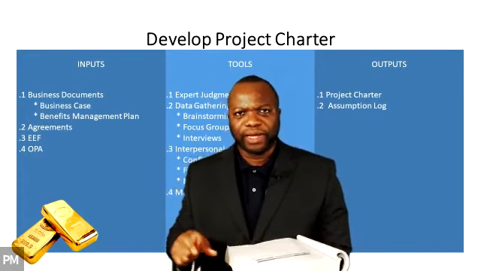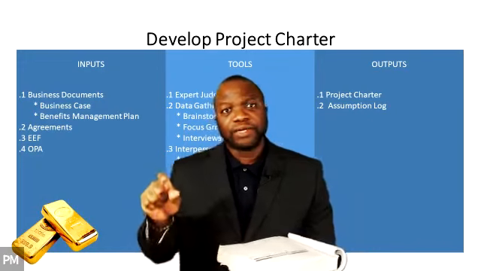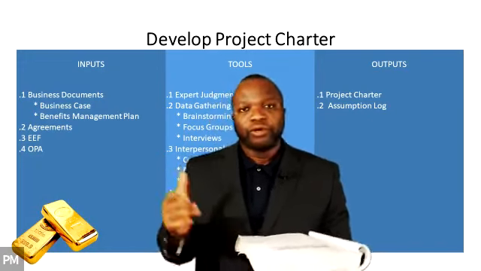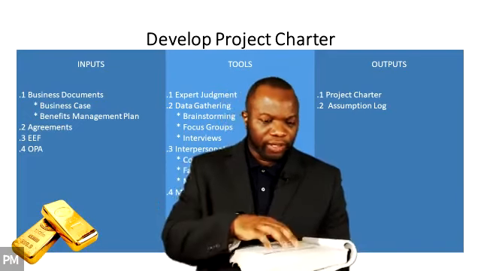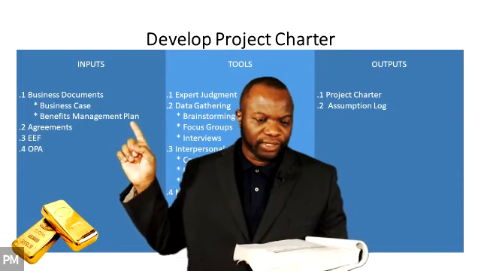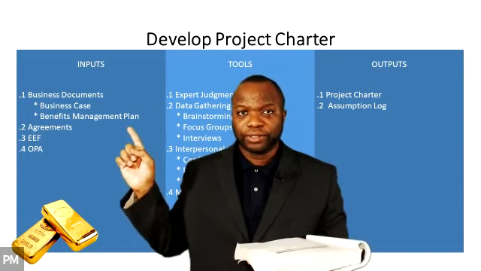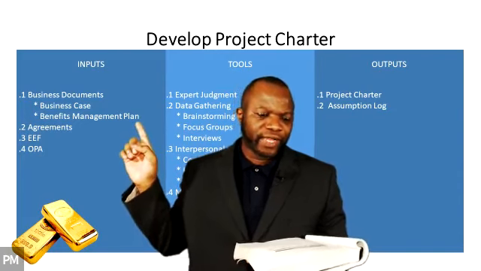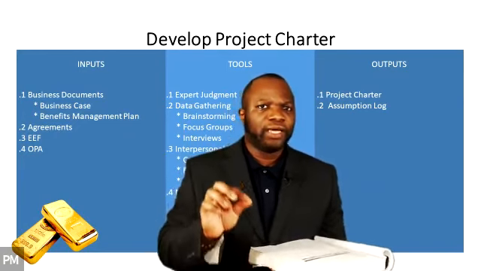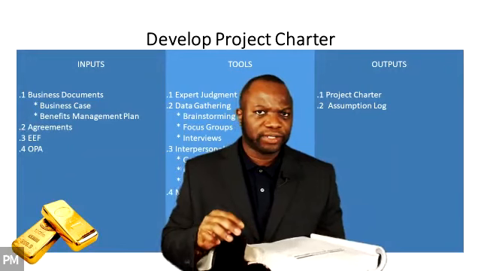Now, I'm not sure which version of the PMBOK guide you have, but just bear in mind that in some versions of the PMBOK guide, some of these sub-bullets may or may not be there. For example, in my copy, I have the benefits management plan as a second bullet, but some of you will not. But the reason why I have left this there is because the benefits management plan is a key part of project management today.